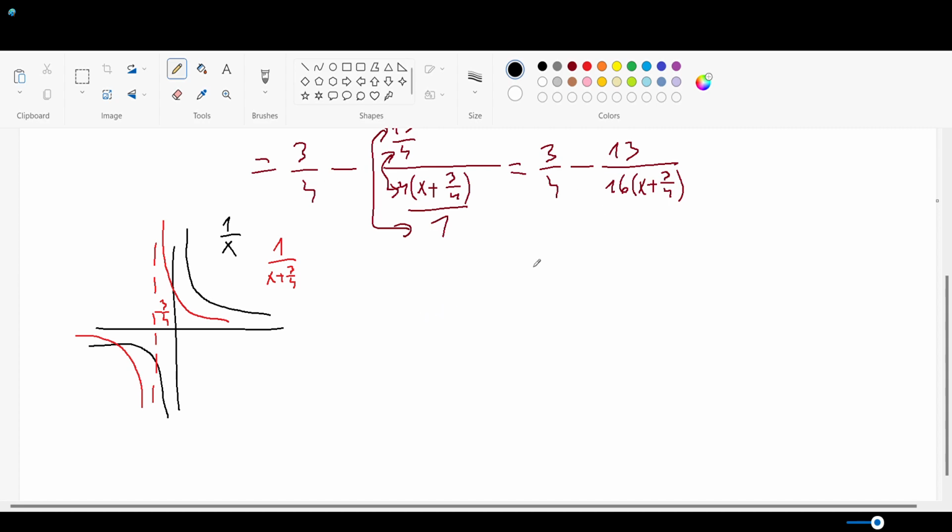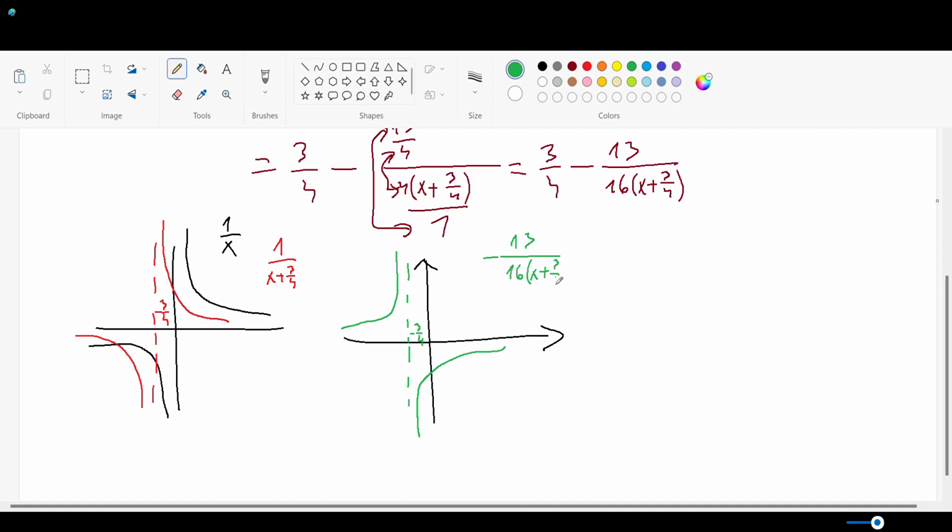The function will rise slower than it is rising in the red example, but it doesn't have any impact on the asymptote. So this is negative 3/4, sorry, and our graph of the function will be like this, okay? And this is negative 13 over 16 times (x plus 3/4).